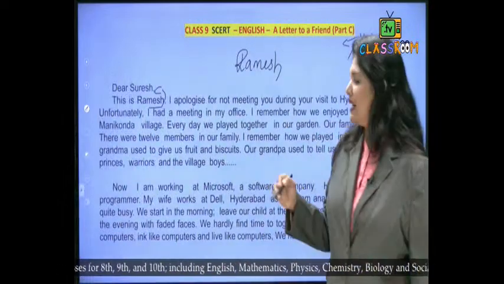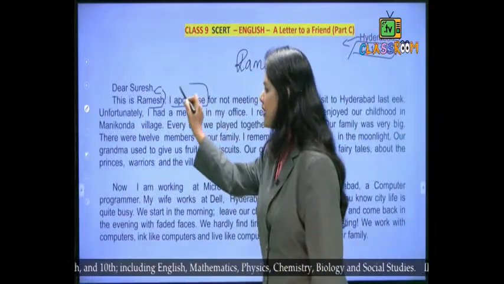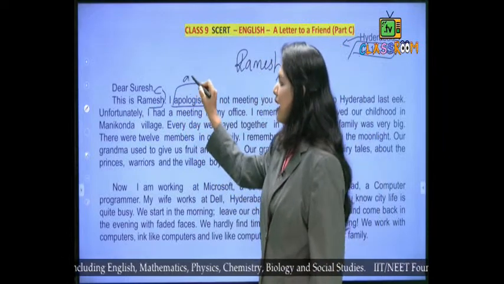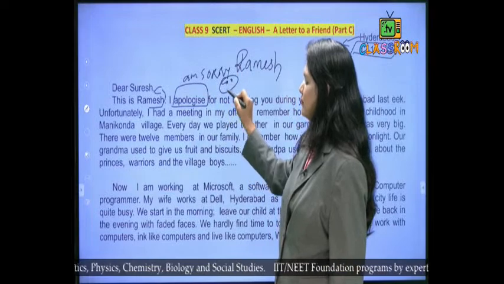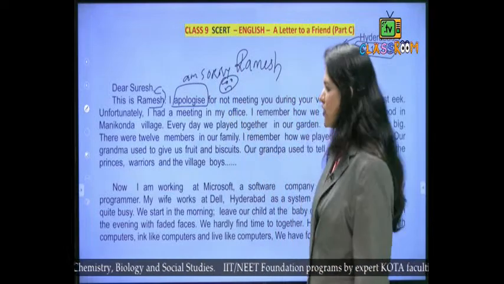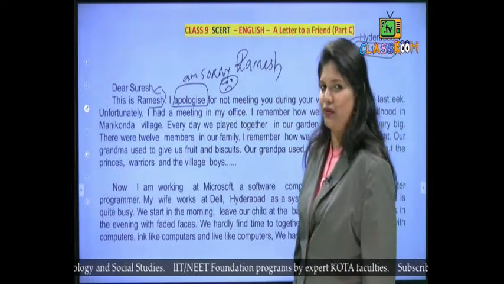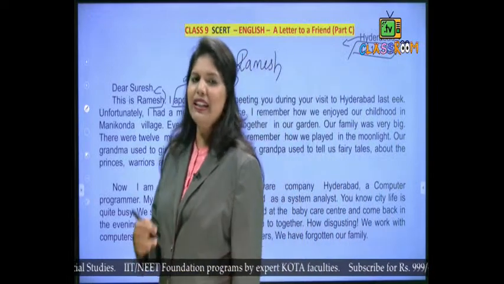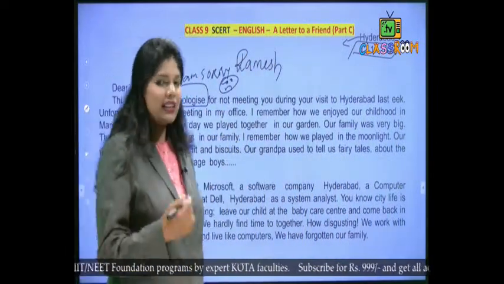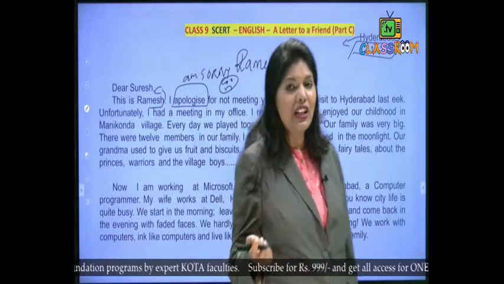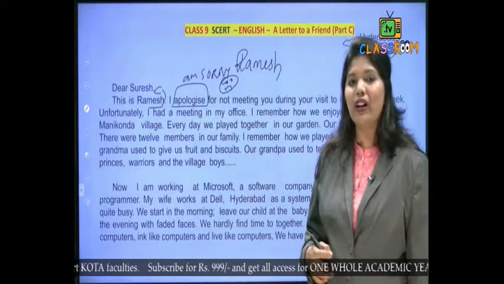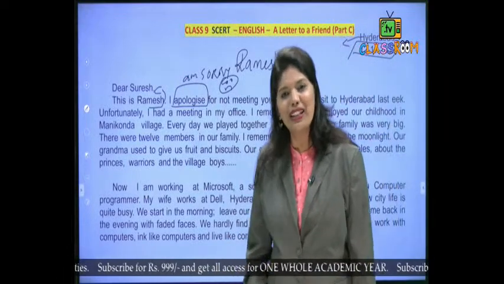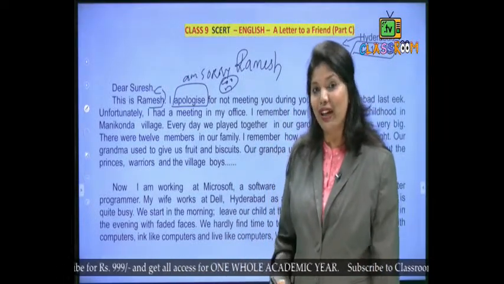In the very first line he says, I apologize. That means I am sorry. I am sorry for not meeting you during your visit. That means Suresh came to Hyderabad, and when he came to Hyderabad, probably he wanted to meet his good friend Ramesh.